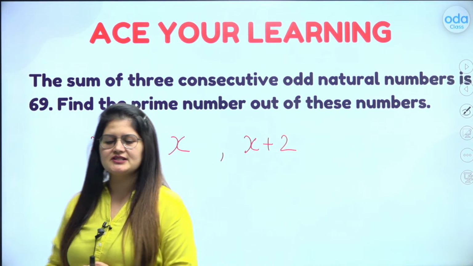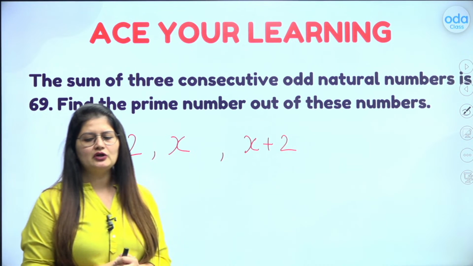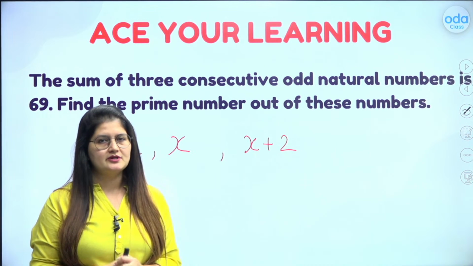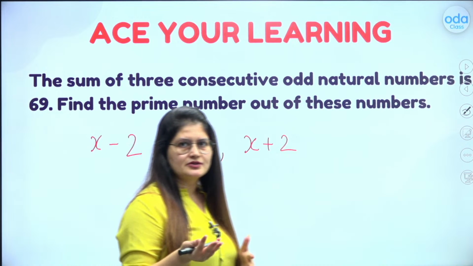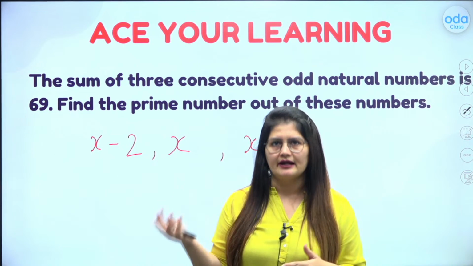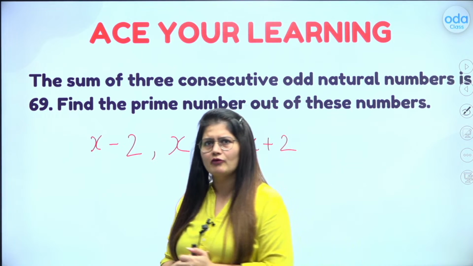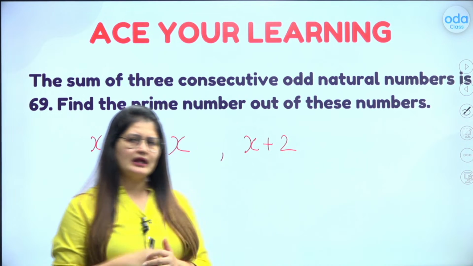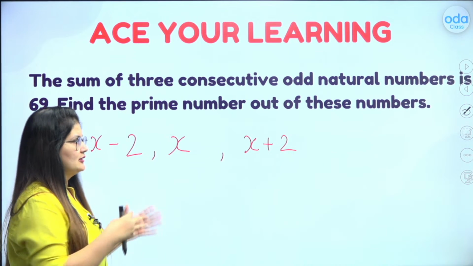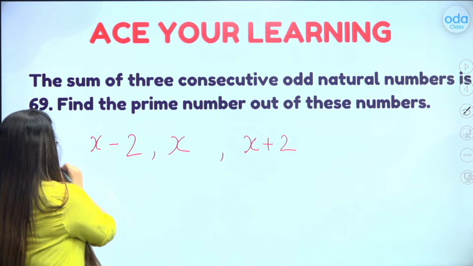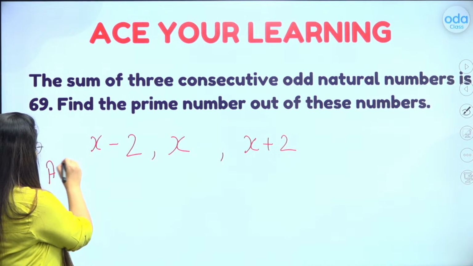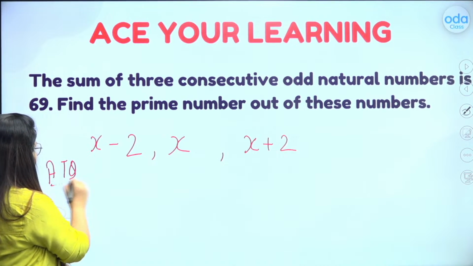Now in the question it says that the sum of these 3 consecutive odd natural numbers is 69. That means if we add these 3 numbers, it is going to be 69. So let's first find out what the numbers are, and after that we will move on to what is actually being asked. ATQ means according to the question.